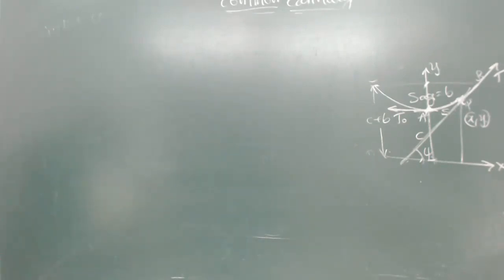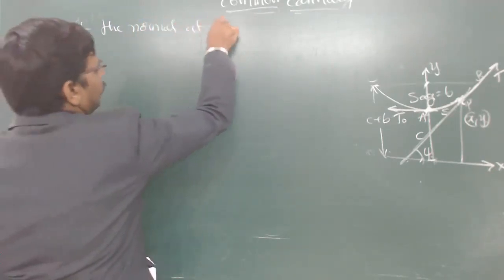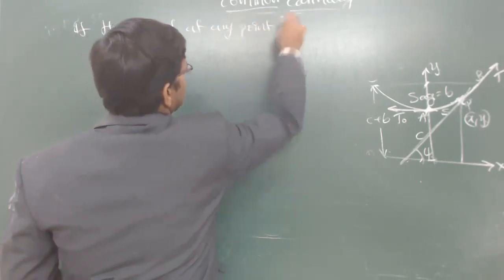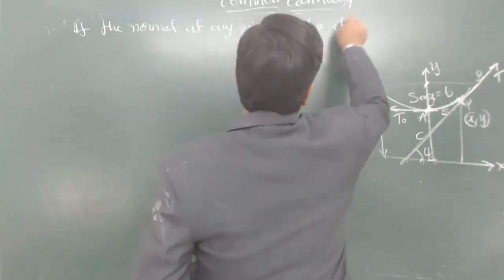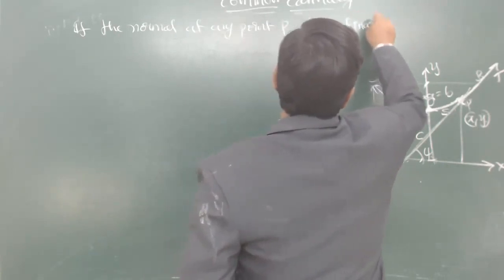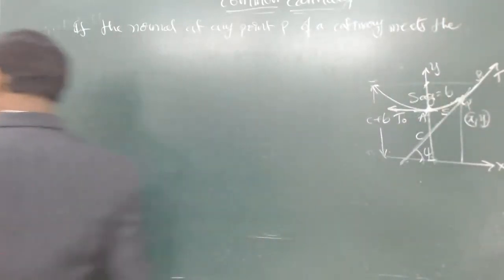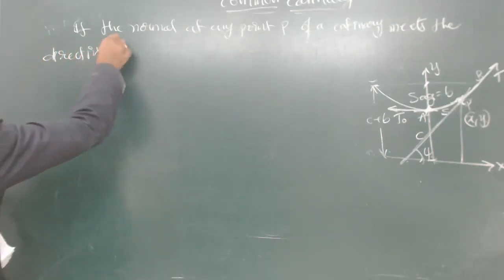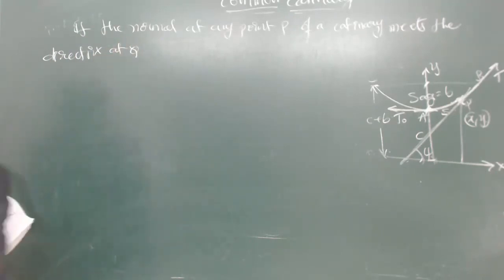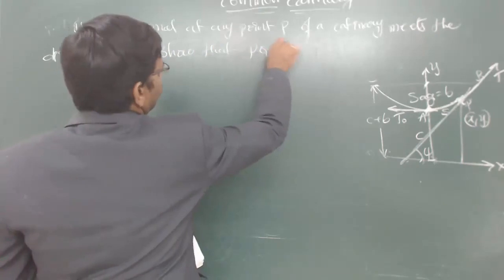Okay. So note down one small problem. If the normal at any point P of a catenary meets the directrix at Q, show that PQ is equal to rho.